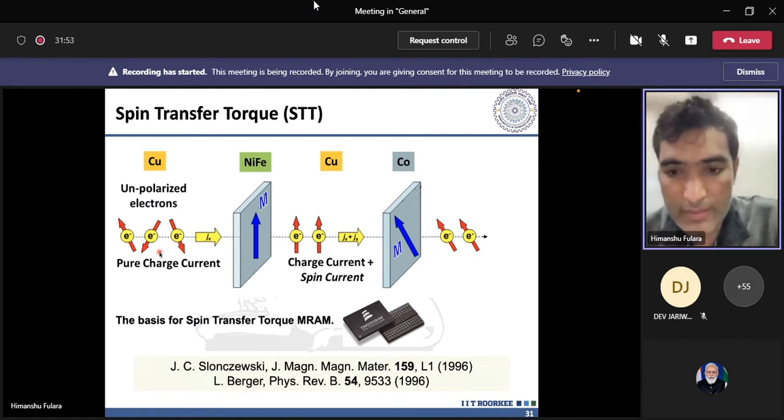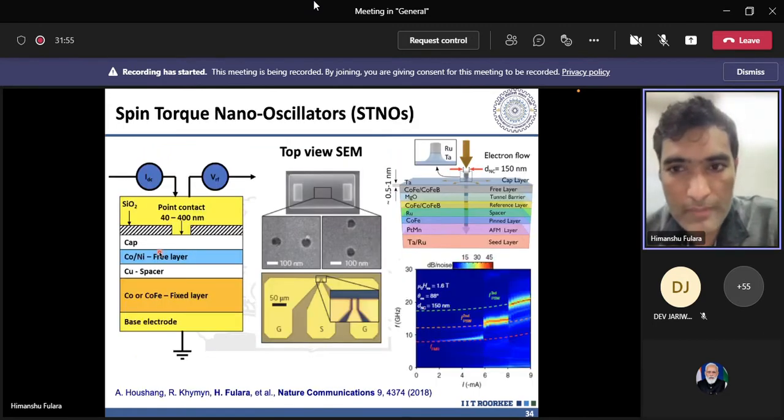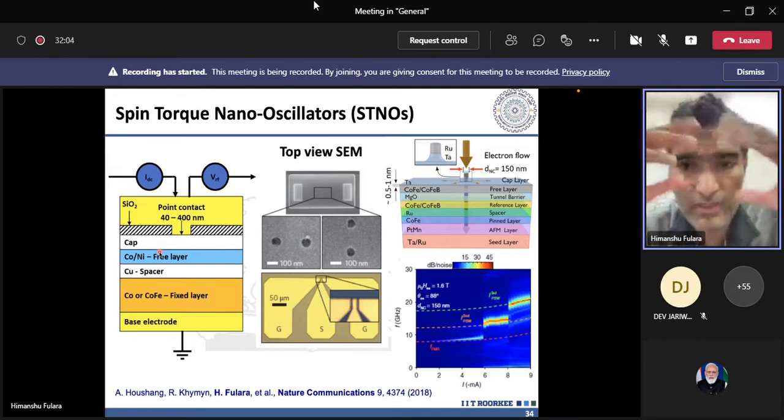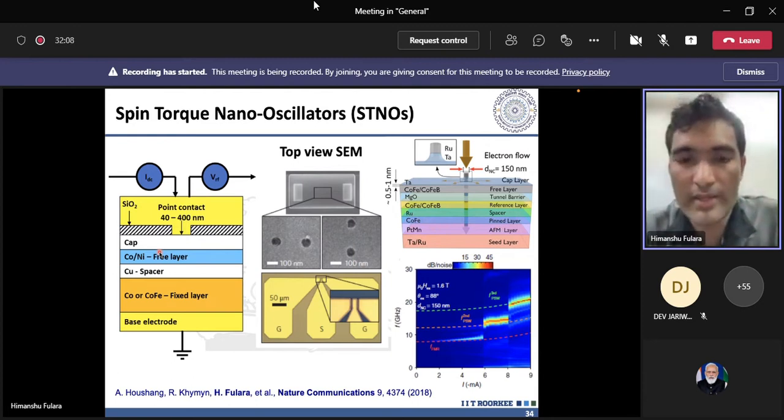That is why I showed you that we generally require a very large current density. And when I say large current density, that current density is of the order of 10 to the power 7 or 8 ampere per centimeter square. So that is the current density which we generally require to drive these devices.